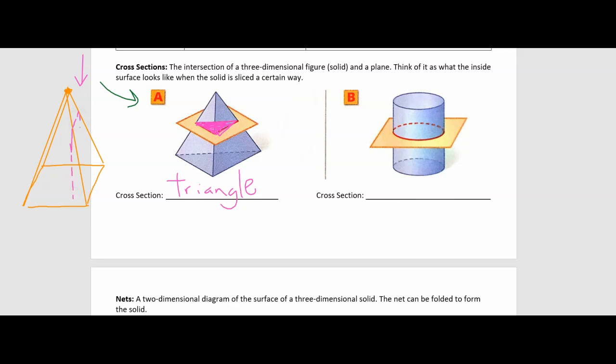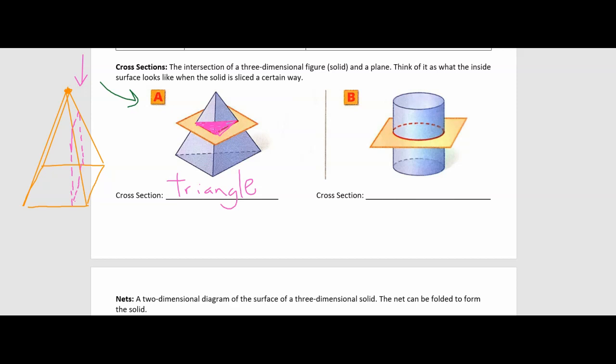I'm going to get something that looks like this, and it may be a little hard for you to tell what that shape is. It may look like a square, it may look like a rectangle. It's actually neither of those. Maybe think about spinning that towards you to help you see the pink shape a little better.